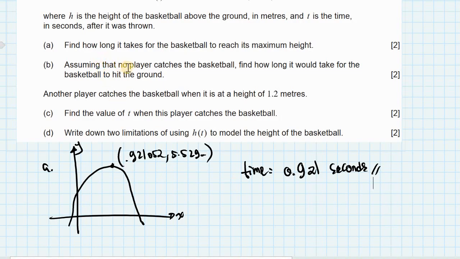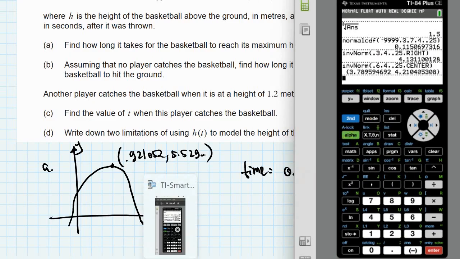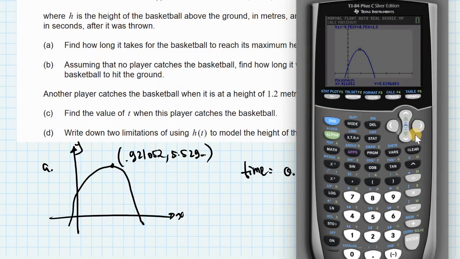Question B, assuming that no player catches the ball, find how long it would take for the basketball to hit the ground. Hit the ground means when the y, the height, is equal to 0.